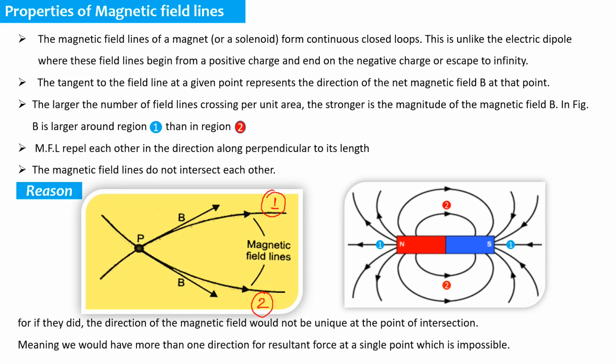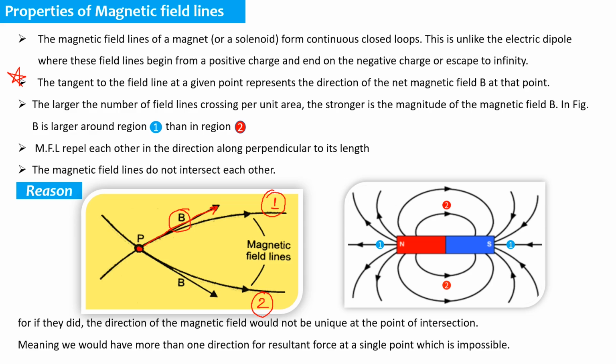What we have learned from point number 2 is that you can get the direction of a resultant force by drawing a tangent. Now, if point P is the point of intersection, you can draw a tangent like this, and you will have a resultant force like that.